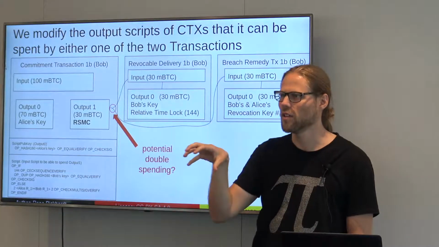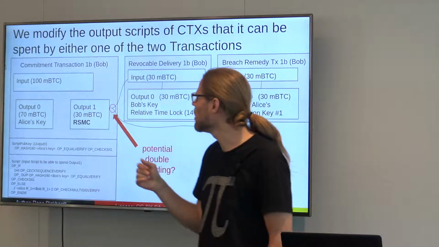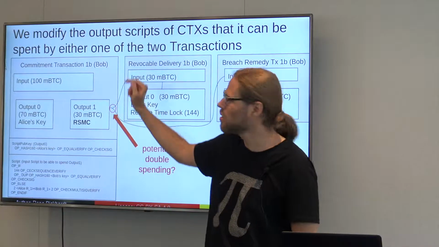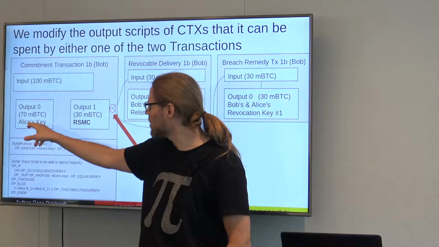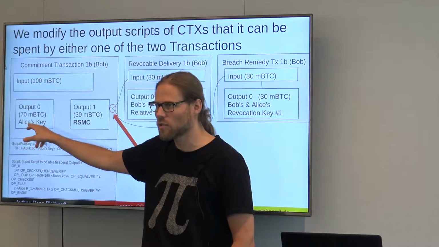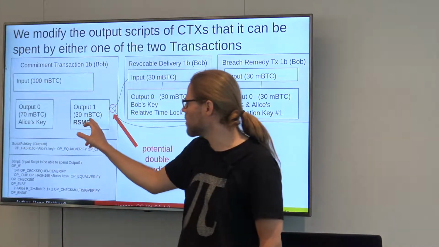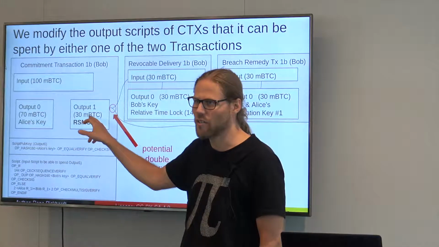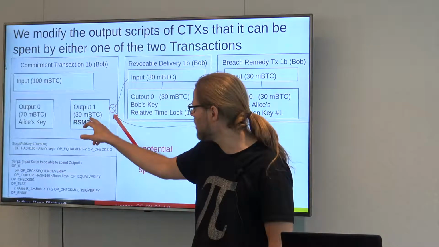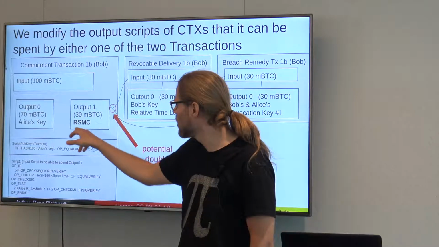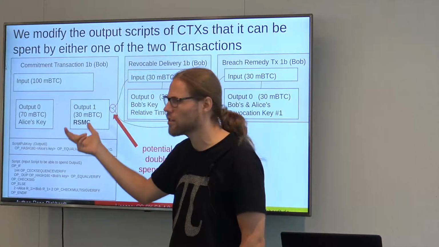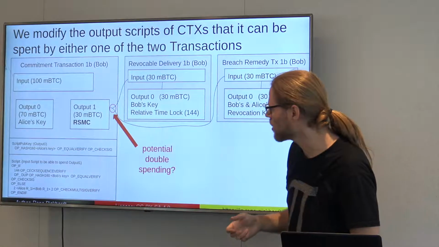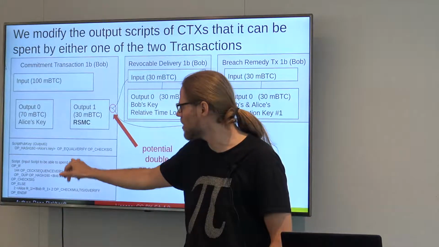So we have 2 first commitment transactions. But the version for Bob looks like this: 70 millibitcoin still go to Alice, but these 30 millibitcoin are not sent directly to Bob anymore, but they are sent to this output script, which is called the revocable sequence maturity output. And here you can see the entire script.